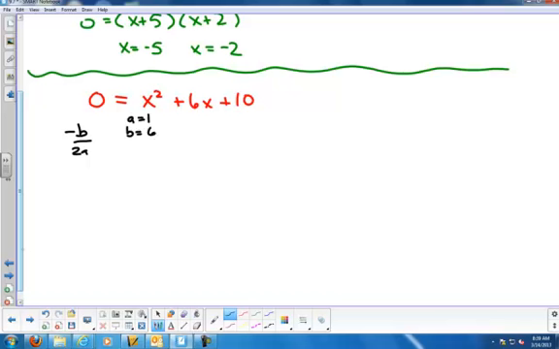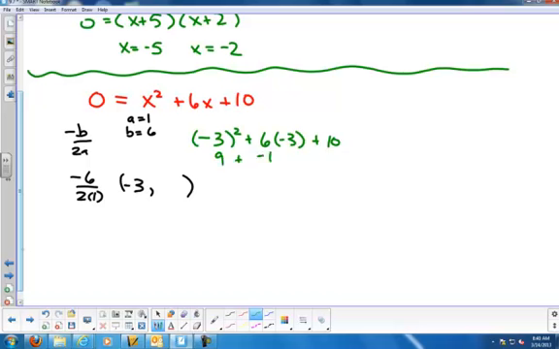So we're going to have negative 6 over 2 times 1, which is negative 3. That's our x value. We're now going to plug negative 3 in to solve for y. So negative 3 squared plus 6 times negative 3 plus 10. That's 9 plus negative 18 plus 10. That's going to give us 1.